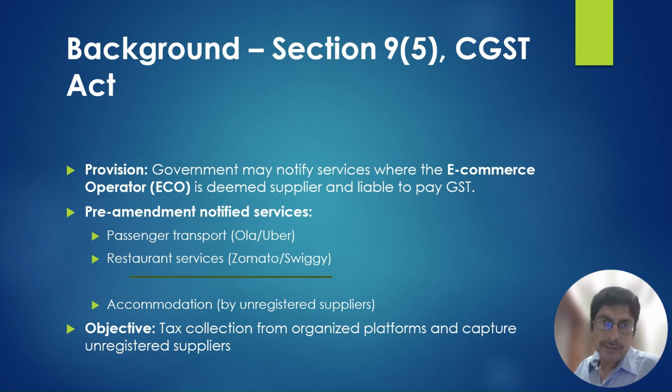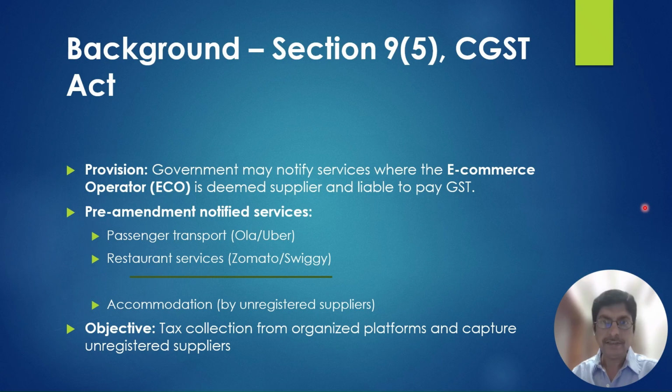Now let's see the amendments relating to the local goods transport. You may remember that there is a section 9(5) in the CGST Act. What is this section? There is a service provider, there is a service recipient, and there is an ECO, like an electronic commerce operator, aggregator. There are two categories.